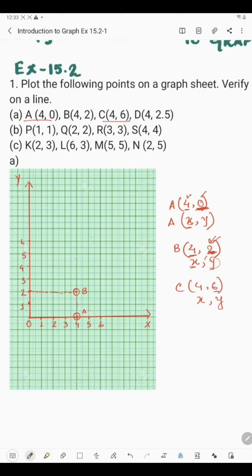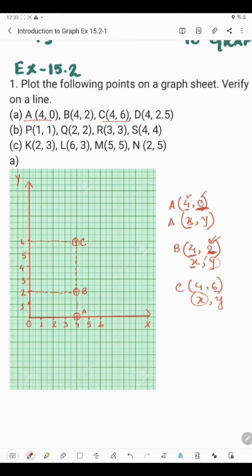See here, on the y-axis 1, 2, 3, 4, 5, 6 here. We will draw a line like this, and since on the x-axis we have 4, from here if you draw a line, these two lines coincide over here, so this is our point C.